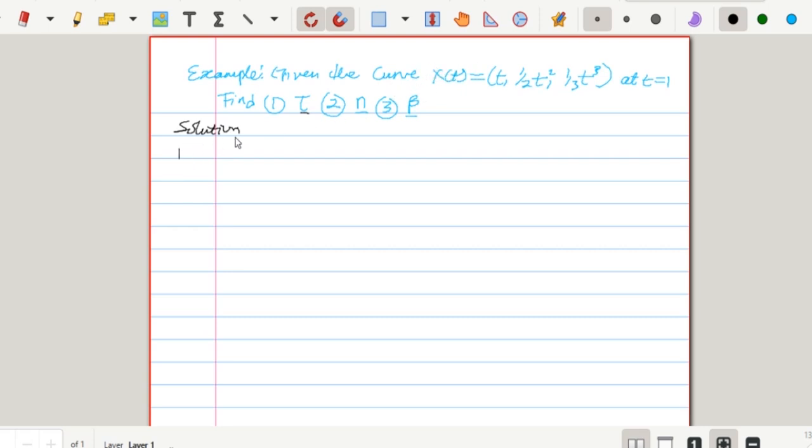To solve this, number one, we're told that tau is equal to x prime of t divided by the modulus of x prime of t.